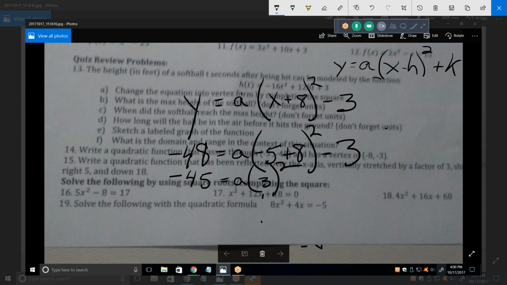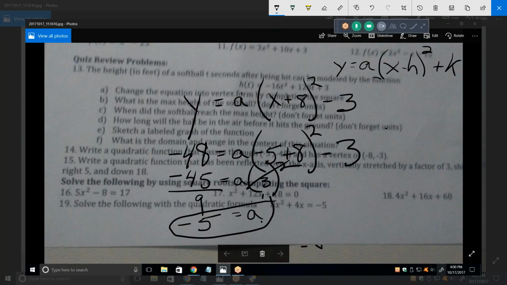Now what? So distribute the squared. So I guess it's negative 45 equals 9a. Mm-hmm. So then divide both sides by 9. Correct. So you get an a of minus 5, which is good.